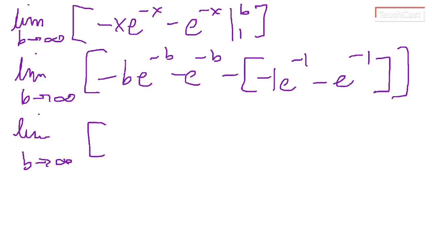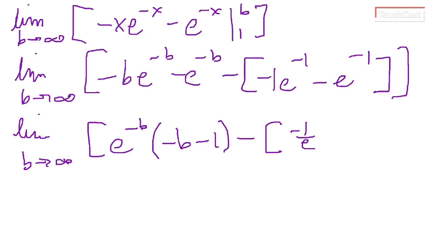That's e to the negative b times negative b minus 1, minus, so I just factored that e to the negative b out. I just had a little instinct that that might be helpful. Might turn out not to be helpful. And then I'm going to have mine inside these brackets. Negative 1 e to the negative 1 is negative 1 over e minus 1 over e.